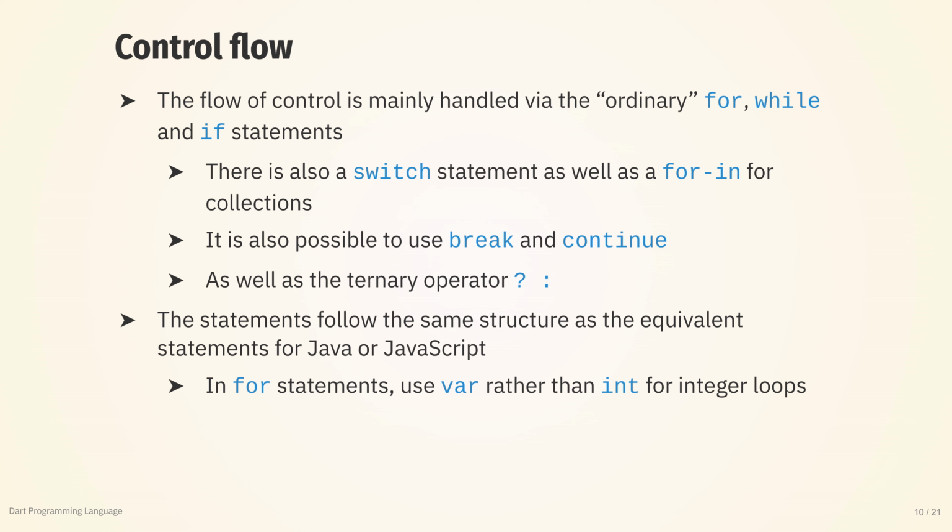And all of these mainly work exactly the same way as they would in Java or JavaScript or in C or C++ and any other C-like language. You should use var instead of int for integer loops, for example, but it won't stop you from using int in them either.